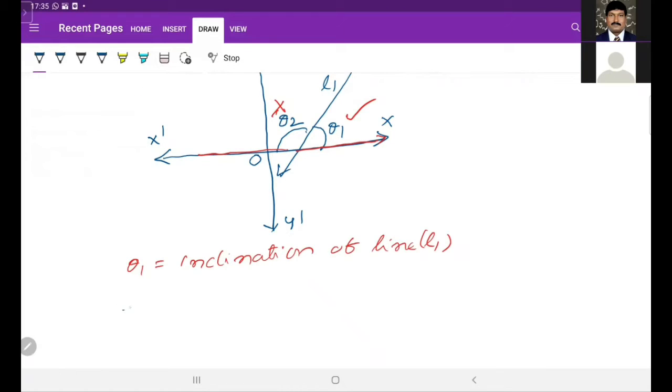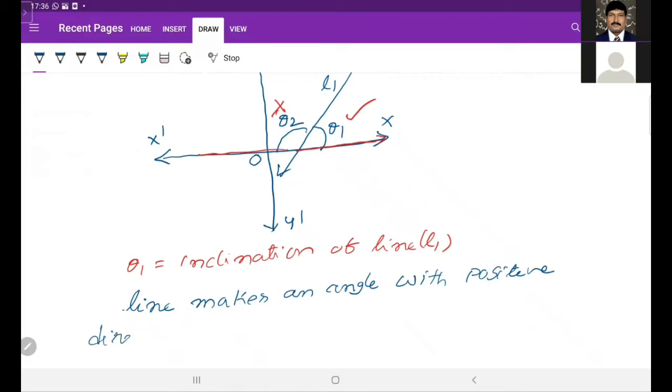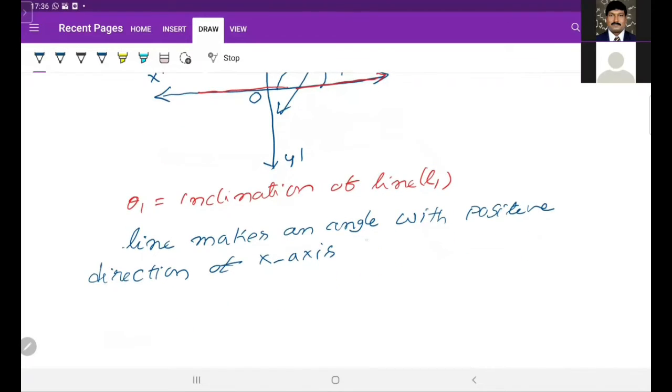Line makes an angle with positive direction of x-axis. Okay?